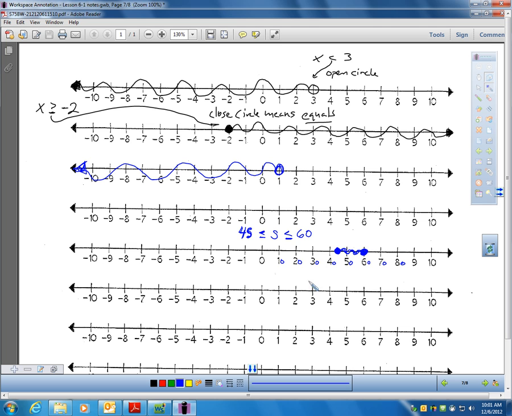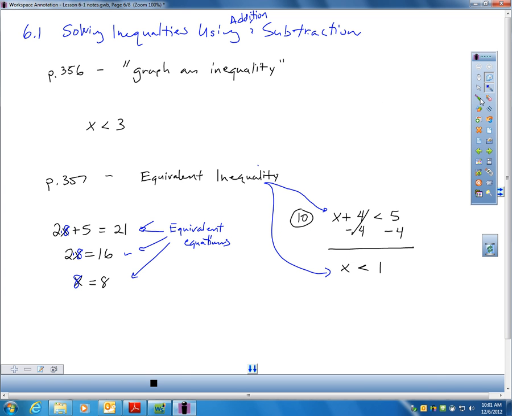Maybe I'll just do one more solving an inequality just to make sure we got it down. Let's say we had number 20. Number 20 says we are going to solve 2.1 is greater than or equal to c minus 6.7. I want to write an equivalent inequality. I have to solve for c.